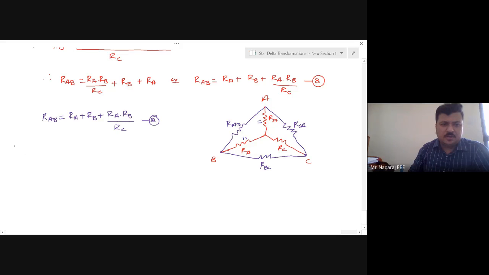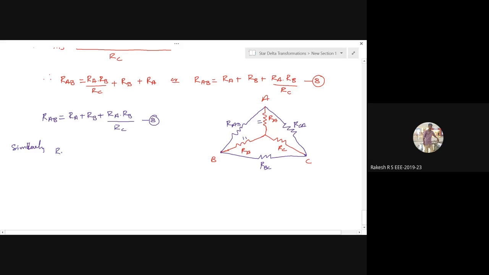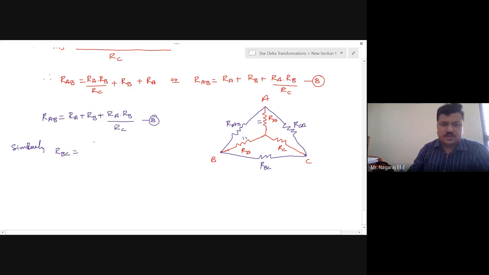Now, similarly, what will be RBC and RCA? RBC is facing RB and RC, so RB plus RC plus RB into RC divided by the third resistor, which is RA.